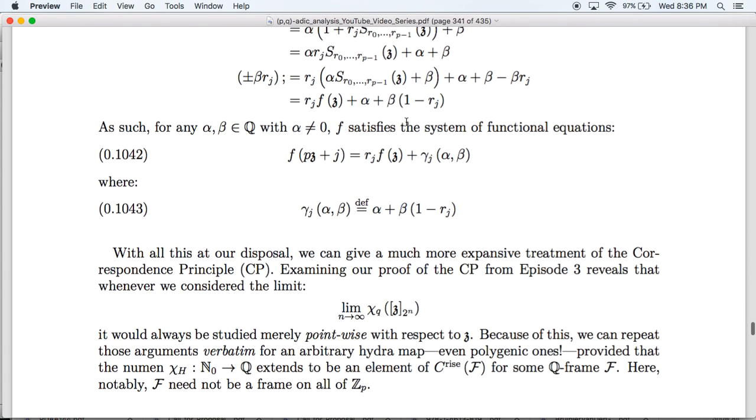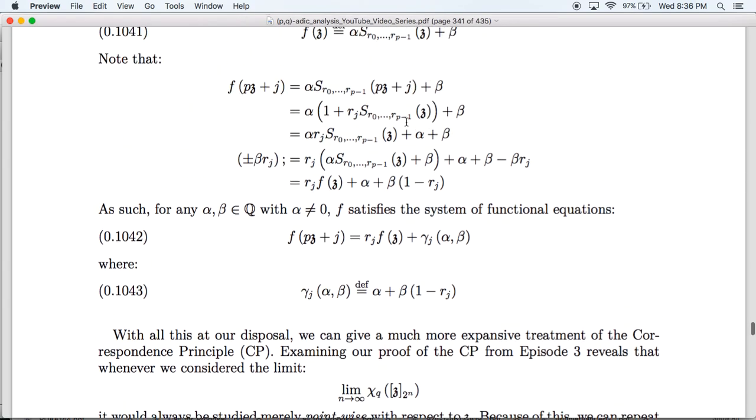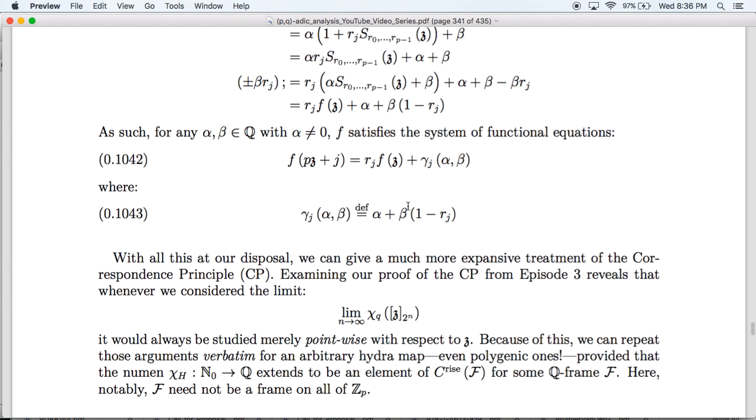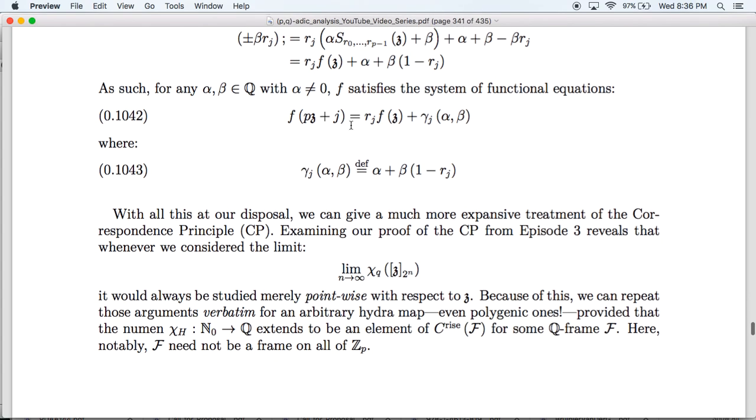And we're going to need to modify that in a way to deal with F-series where p is greater than or equal to 3. But anyhow, the reason why all of this stuff is really nice and what I've been heading to is that with frames at our disposal, we can now give a much more expansive treatment of the correspondence principle. And the reason why this all works is, again, it comes down to doing things pointwise. If you go back and look at the proof of the correspondence principle from episode 3 very carefully, you'll notice that whenever we considered this limit, it was always being studied pointwise with respect to z.